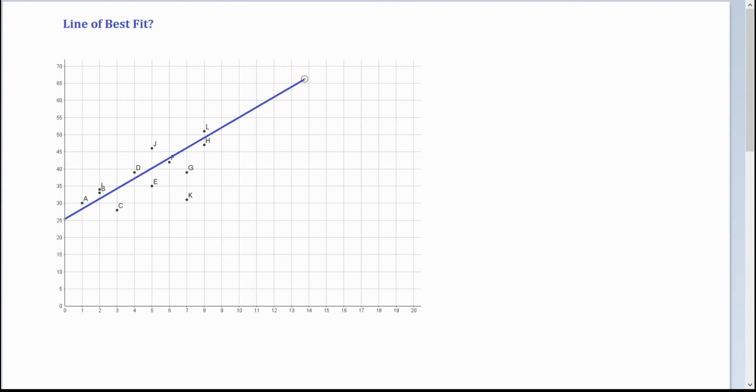We use the term trend specifically when we have time on the horizontal axis. So let's say for this example that we are dealing with a company and it's the number of years they've been open.